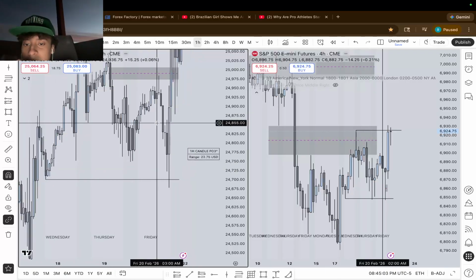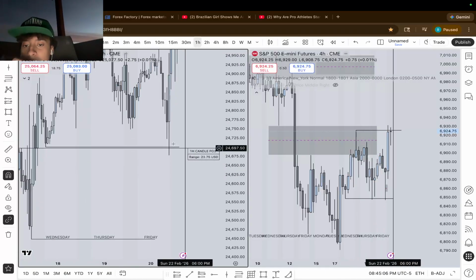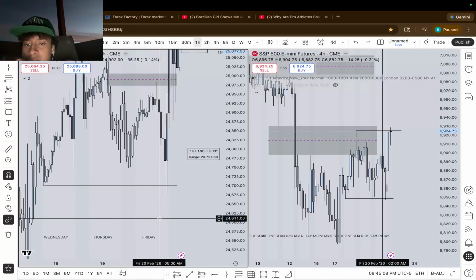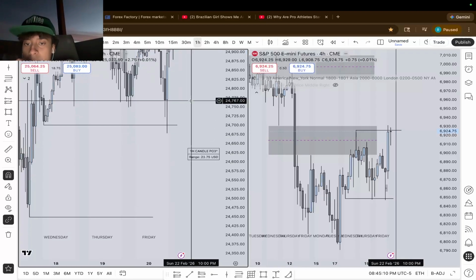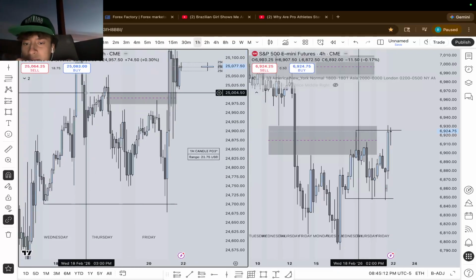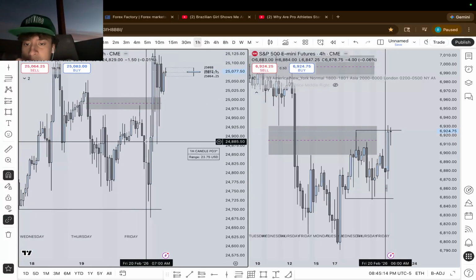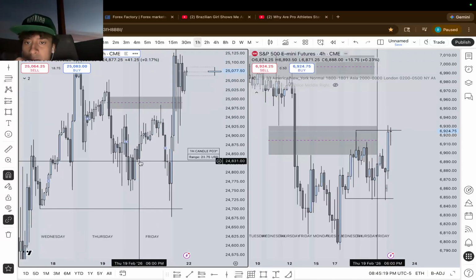The only issue was that we opened and took this draw. So I was like, okay, if we open and take this draw, and react and just blow through these conditions, which were these two conditions and the 4 hour.